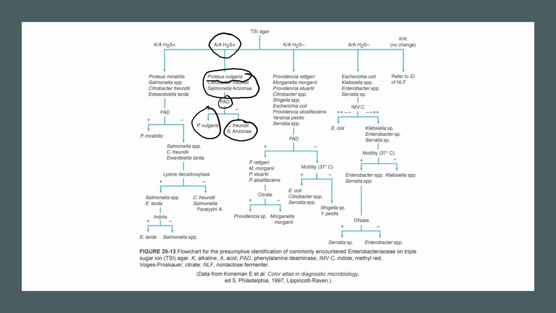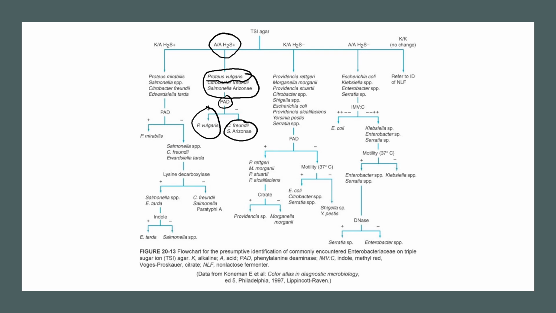When it is clear on MacConkey, which means lactose negative, but it produces acid over acid on TSI, it does not ferment lactose, but what else is in the TSI? What is the other carbohydrate? That is sucrose. Yes, Proteus vulgaris ferments sucrose, and that's what is causing the TSI to appear acid over acid.